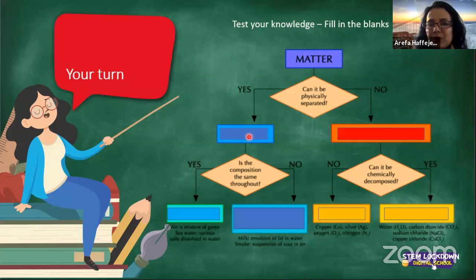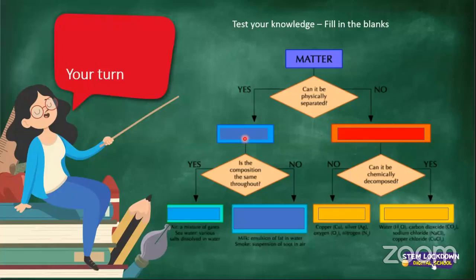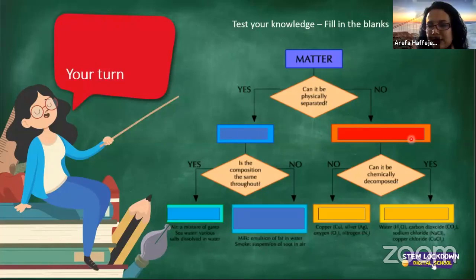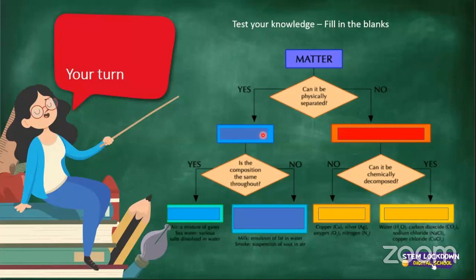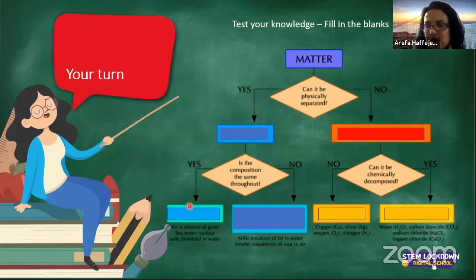Matter is broken down into a mixture and a pure substance. Now, a mixture can be broken up into a solution or a suspension. And then pure substances are broken down into elements and compounds.